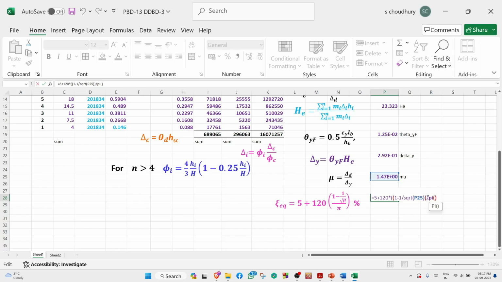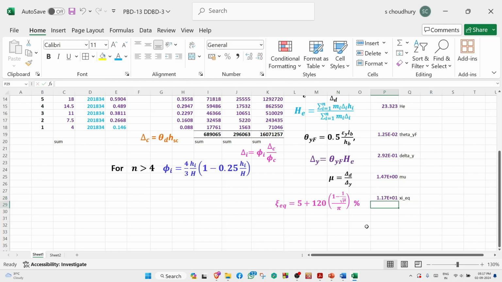I think another bracket is required here. Yes. So the value of the equivalent damping is equal to 11.7%. This is alright. This is a practical value.